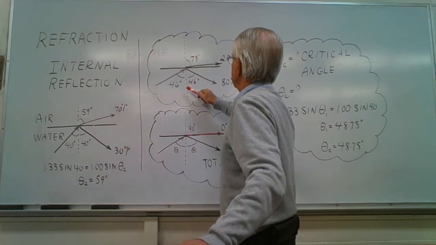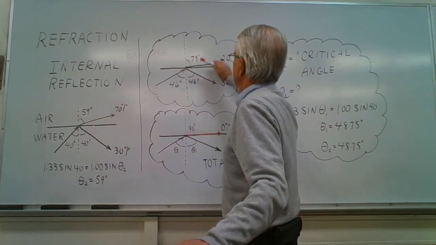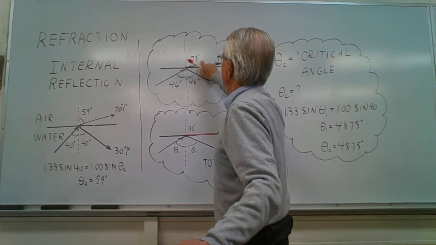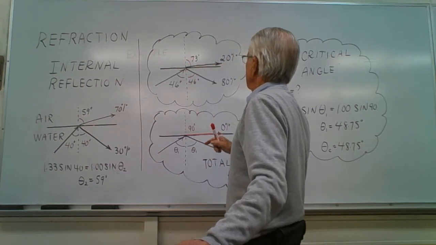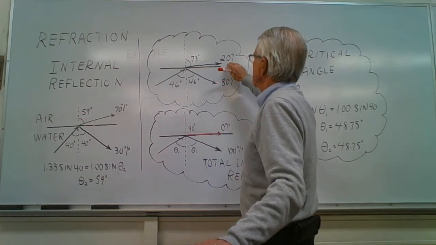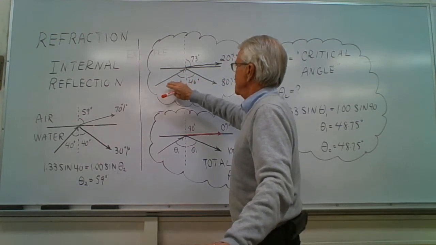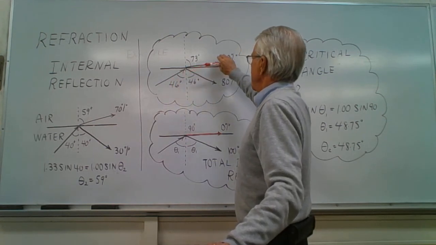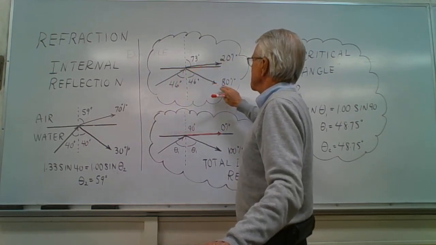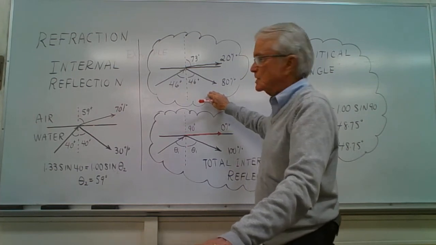In this case, one could calculate that the angle of refraction is 73 degrees. And in this case, only 20% of the light energy that begins in water makes it out into the air. The remaining 80% is the reflected ray energy.